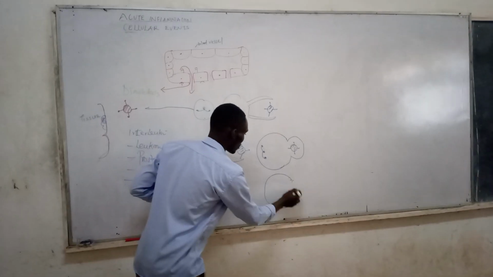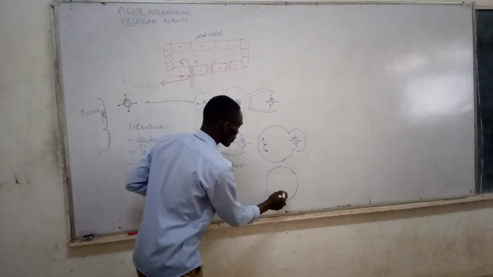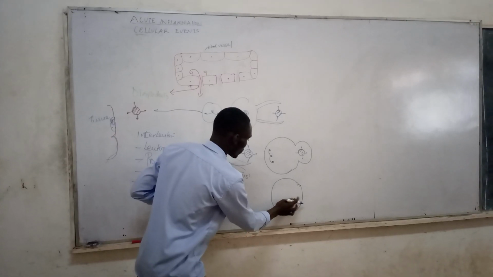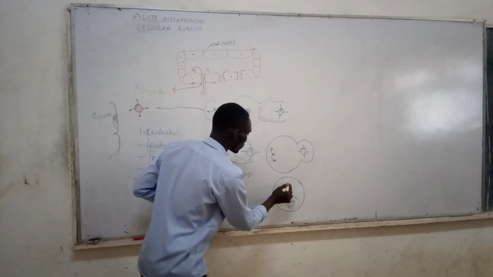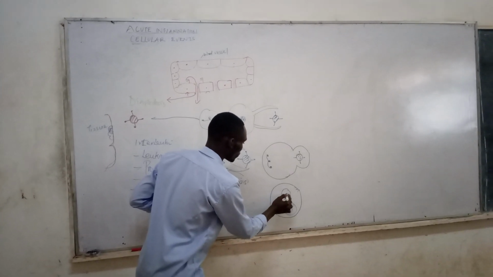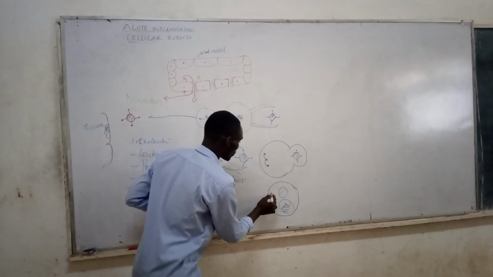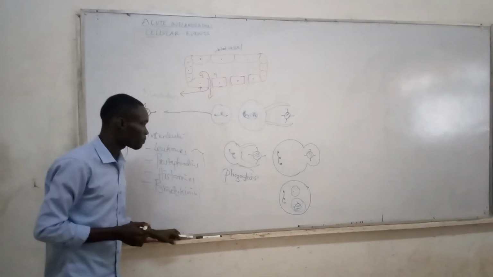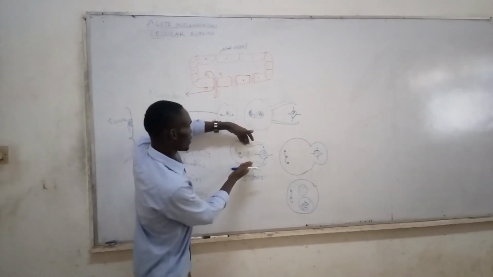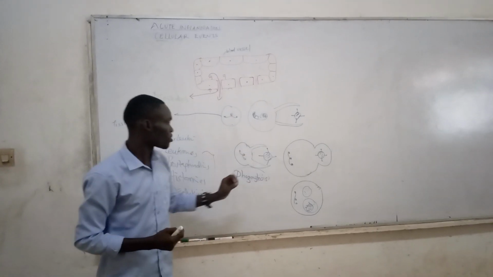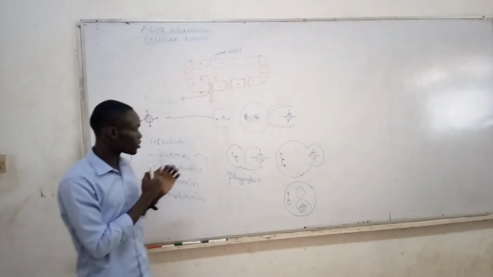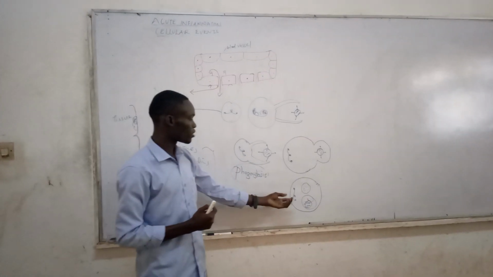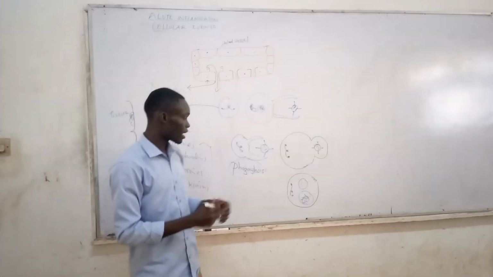So the end result will be that way. We have the neutrophil trying to secrete some pseudopods, trying to engulf the pathogen. So the pathogen has been engulfed. Here the end result is this one. We have the neutrophil, we have the pathogen which has been engulfed into a vesicle.